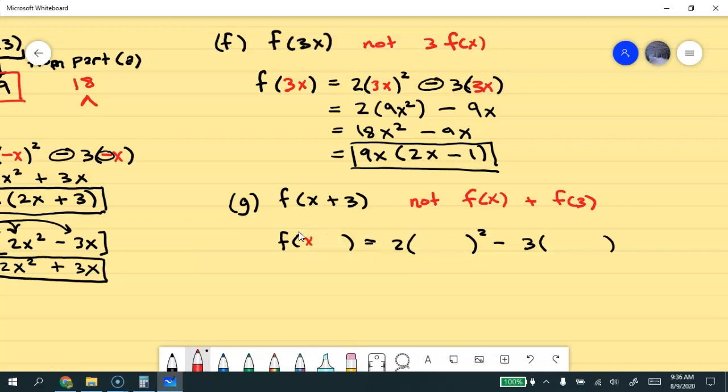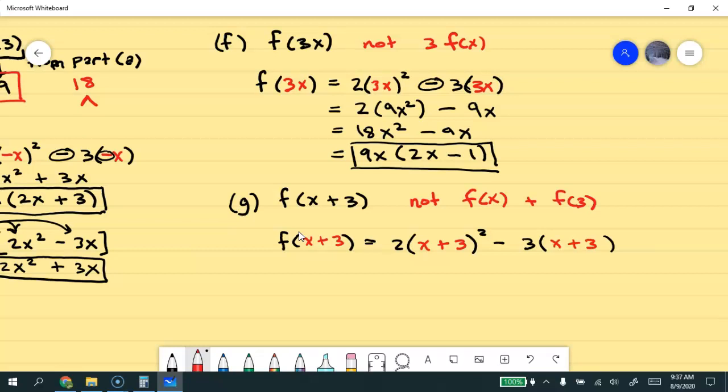All right, so x plus 3 goes into the function, and therefore instead of 2x squared, this becomes 2 times x plus 3 squared, and instead of minus 3x, it becomes minus 3 times x plus 3, like that.